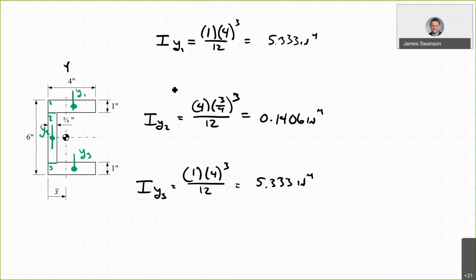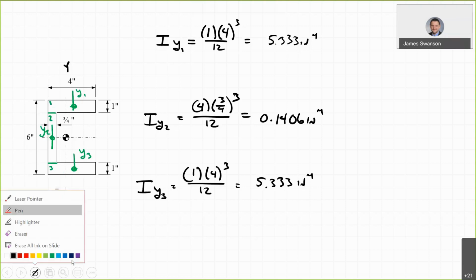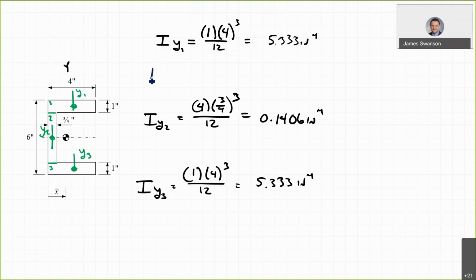So I need to go back now and calculate I sub big Y1. Now that's the moment of inertia of sub-area 1 about the big Y axis. And that's going to be equal to I sub little y1 plus AD squared. So this is 5.333 inches fourth plus the area A. So that's 4 into 1 times the distance d1 squared.